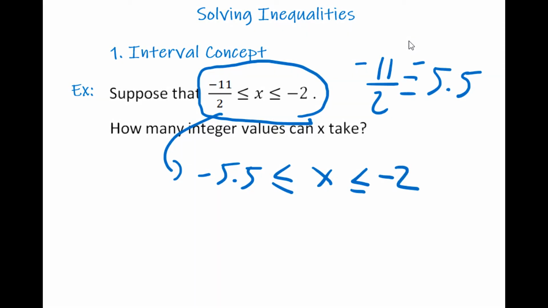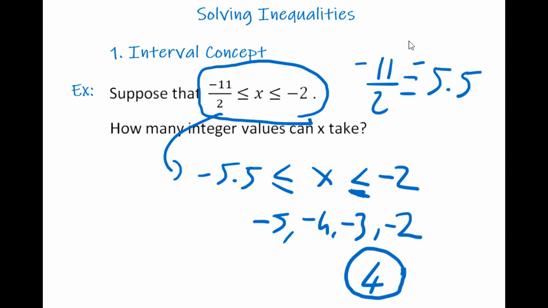Between those numbers, we all know that as integers there are negative 5, negative 4, negative 3, and because there is an equal symbol here on the right, negative 2 is also included, and there are 4 integers x can take as a value.